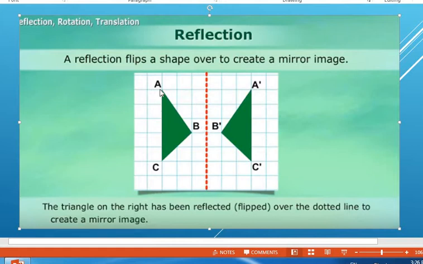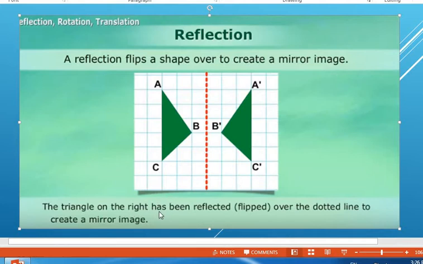So A here will go to this side to be A dash, and here B will turn to the other side to be B dash, and C will turn to the other side to be C dash.